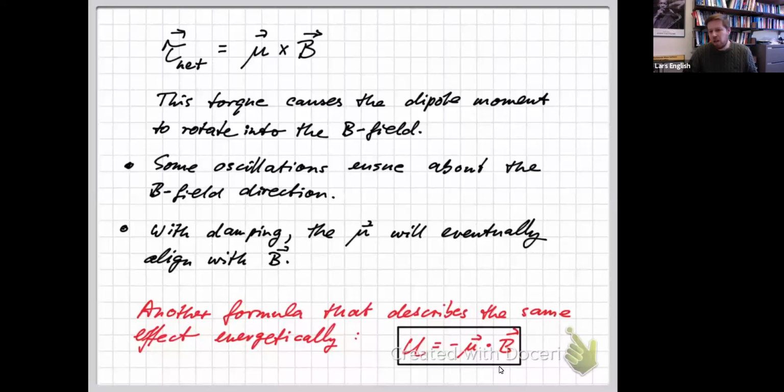So here's another important formula to remember: we can introduce a potential energy given by minus mu dot B. Here we're dealing with a dot product instead of a cross product. The minus sign is also quite important. When mu is aligned with B, parallel, mu dot B is maximized, and with the minus sign in front, U is minimized.